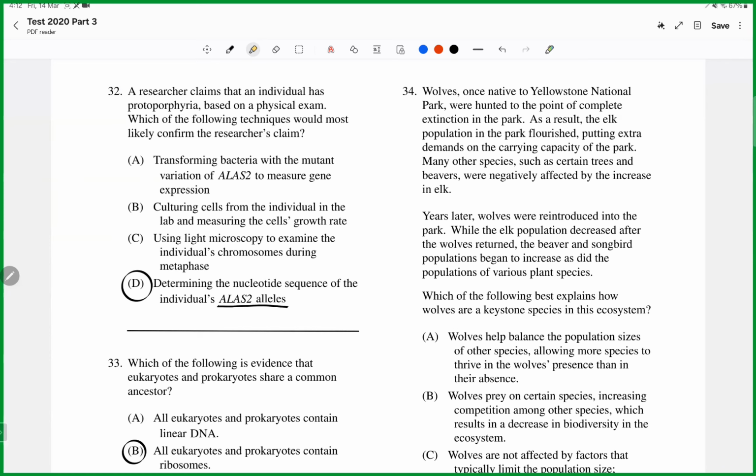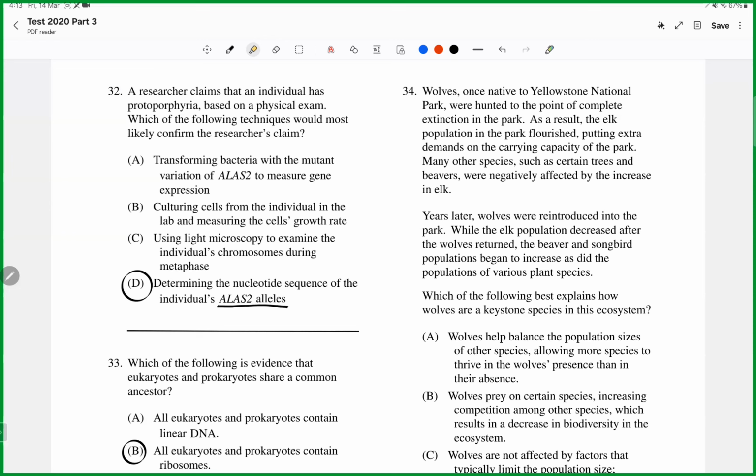Wolves, once native to Yellowstone National Park, were hunted to the point of complete extinction. Now, as a result, the elk flourished. It's like a big gazelle. But they can overeat, and they will destroy the trees and destroy the beavers. After many years, the wolves were reintroduced into that same park, and the beavers returned to their good well-being, the birds, and so on.